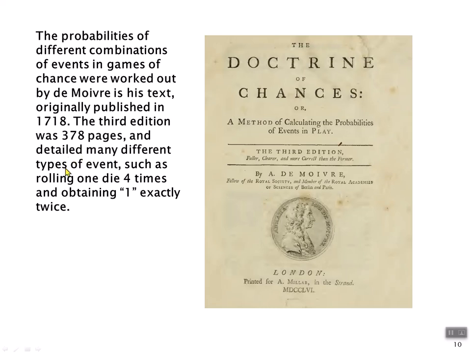It detailed many different types of events, such as rolling one die 4 times and obtaining the value of 1 exactly twice. So he laid out some of the initial understanding about probability that would then be used by mathematicians later. His intent seems to have been to increase the odds of winning for people who are playing, placing bets, gambling, and so forth.